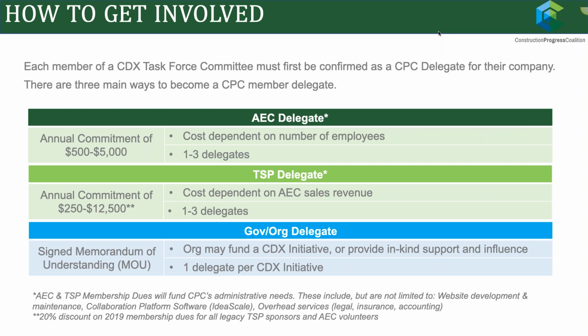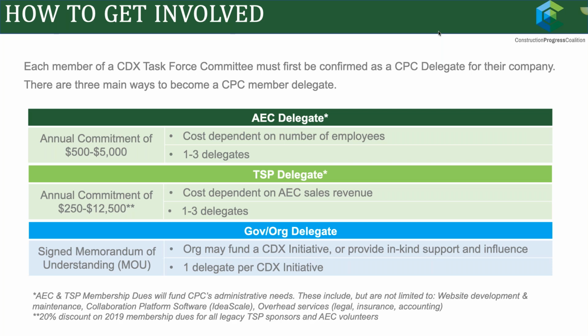Moving into the technology solution provider, you can see it's an annual commitment that ranges between $250 and $12,500. And that's for anyone from single startups to obviously large AEC technology firms.